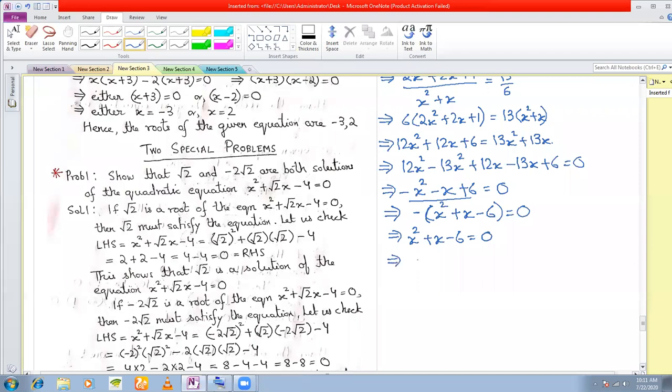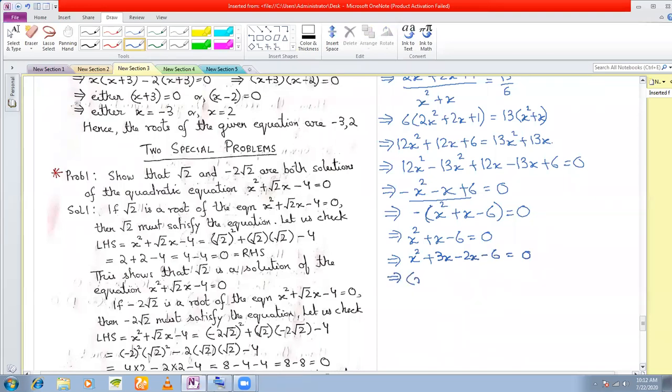Now you can break the middle term into 3x minus 2x. Minus 6 is the product, so plus 3x and minus 2x.